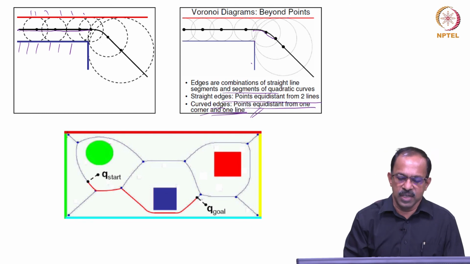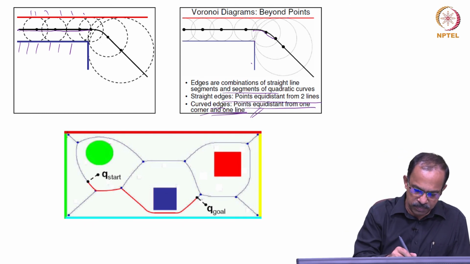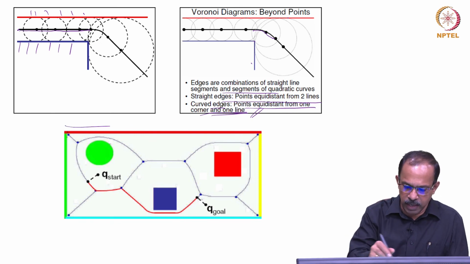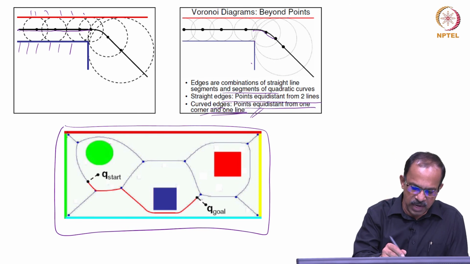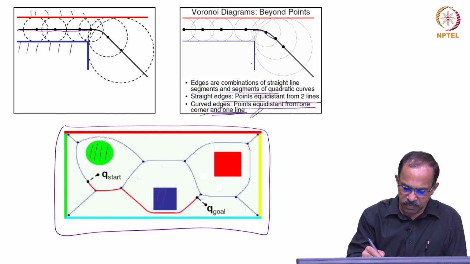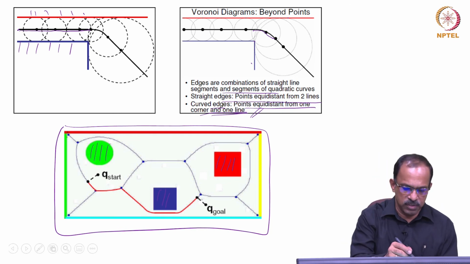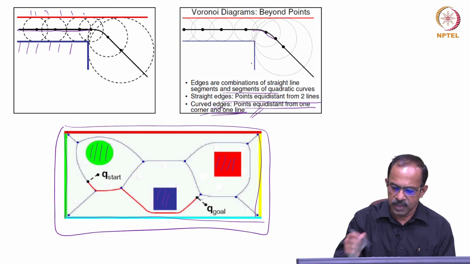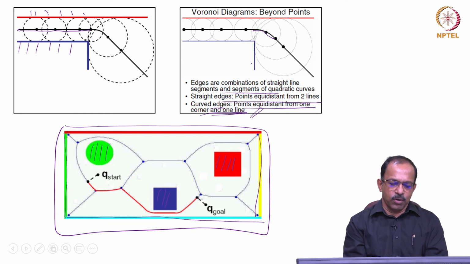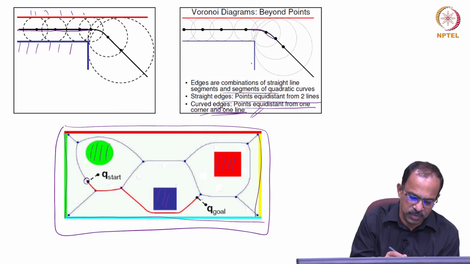So now look at this situation. You have an area, I mean a space, a configuration space, where these are all the obstacles. And of course, it will consider these boundaries also as obstacles. Now it will try to find out all the possible paths, and if this is a Q, then it will try to find out what path is possible.